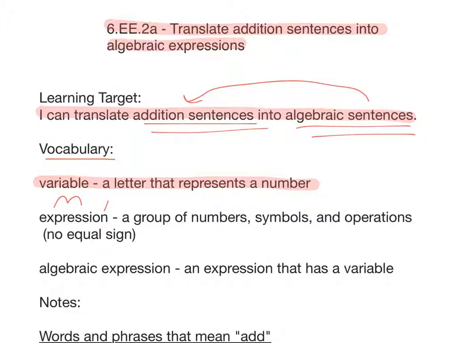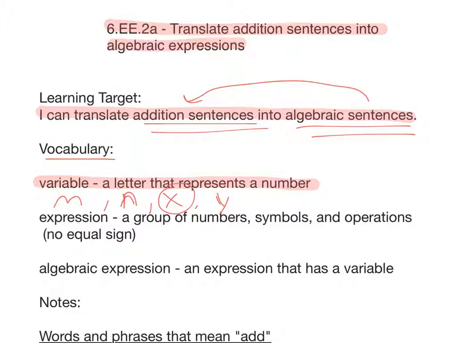The word's a number, so you can maybe use N to represent a number. You could use X. You could use Y. The reason we don't use a multiplication symbol that looks like this anymore is because now it's going to be a variable more than it is going to be a multiplication symbol. Okay, so that's a variable, a letter that represents a number. It's like the mystery number.